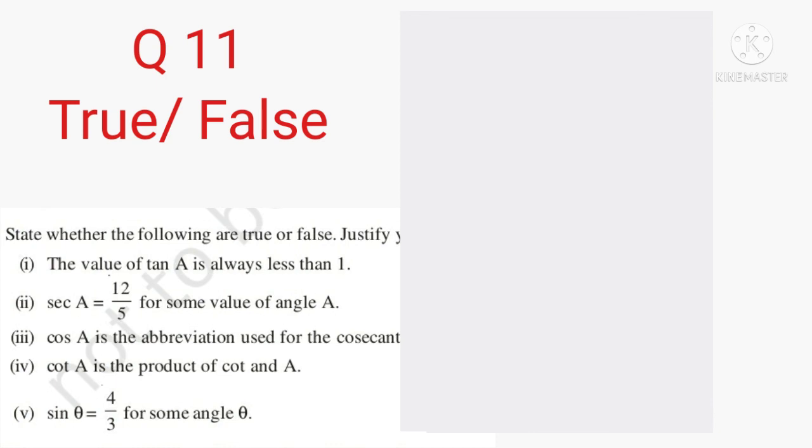Now in the 11th question, true and false, the first part says the value of tangent A is always less than 1. So clearly it is false. Let us get to the reason. The formula for tangent is perpendicular upon base. Now out of base and perpendicular, P and B can have any values.